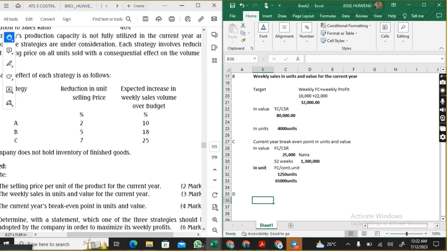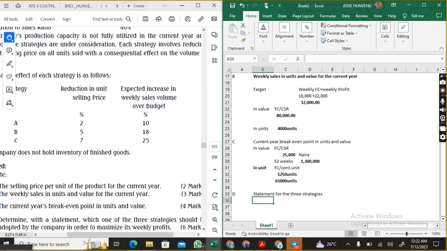Now, the statement for the three strategies.